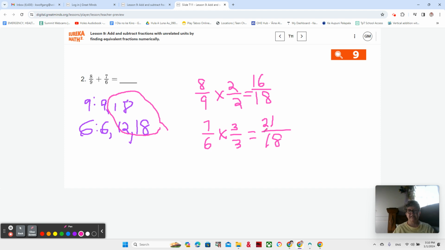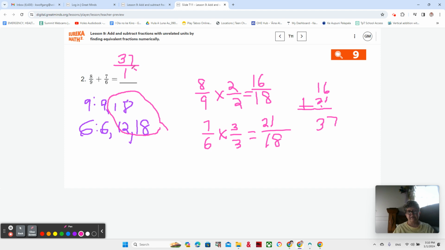So now we have 16 plus 21 eighteenths. Let's just write it down like this. Make sure we get our math correct. We don't want to do all this hard work and then make a mistake in our addition. 6 plus 1 is 7. 2 plus 1 is 3. That's 37 eighteenths. All right.